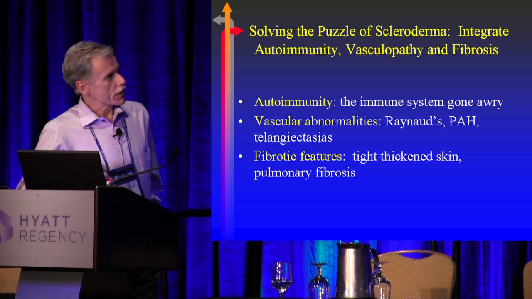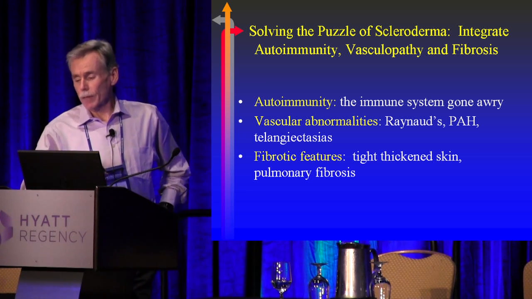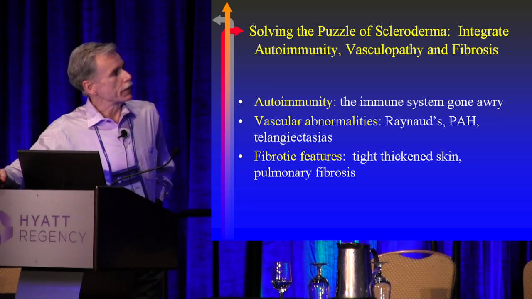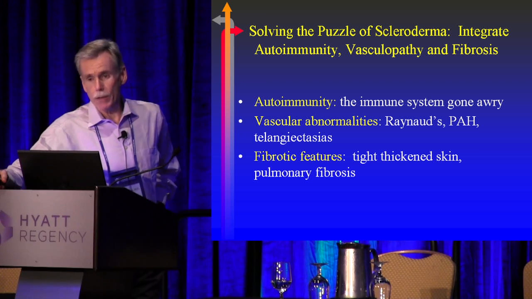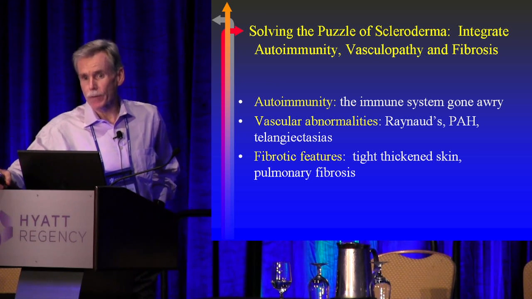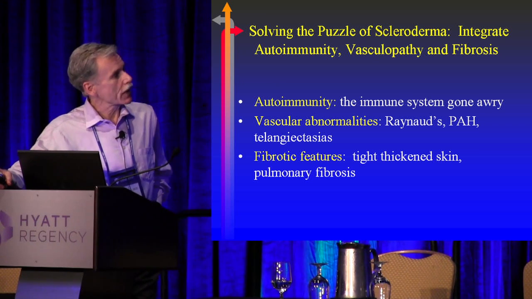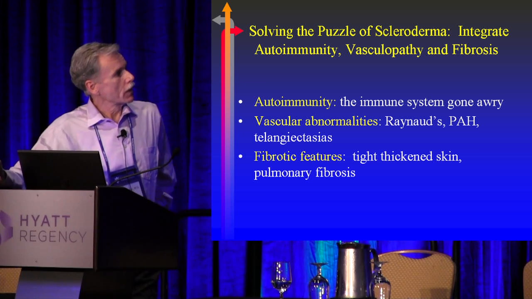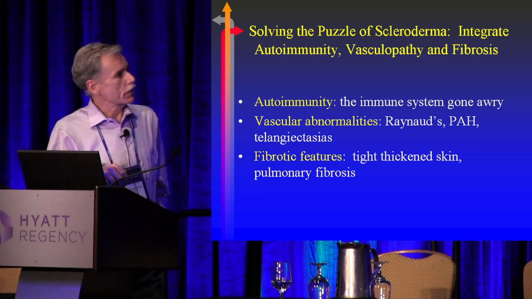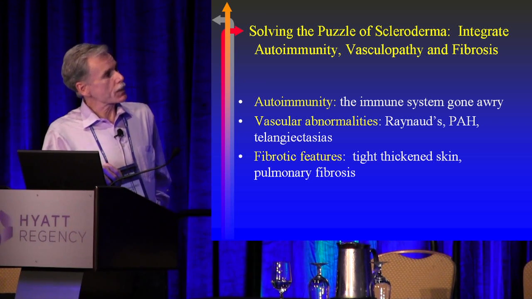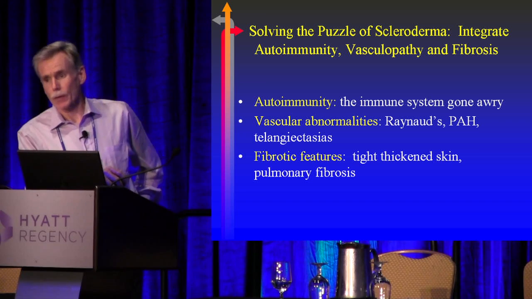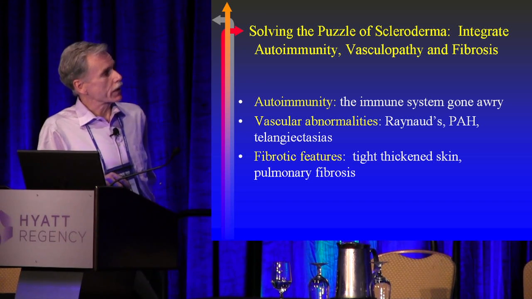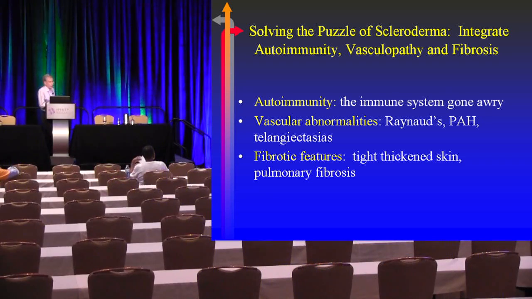In addition, there is this relatively unique feature that includes vascular abnormalities, such as Raynaud's phenomenon and pulmonary hypertension. Those are not seen in, or at least pulmonary hypertension is not seen in other autoimmune diseases, really, with any significance, certainly not to the level that it is in scleroderma.